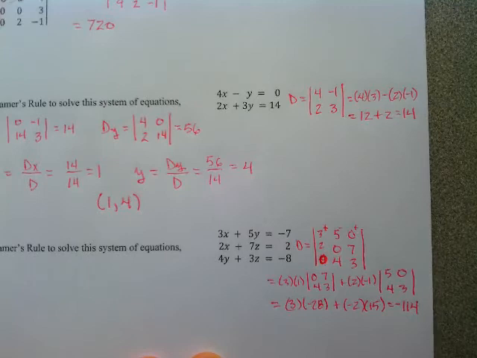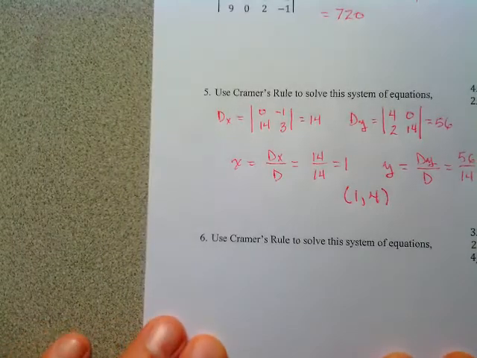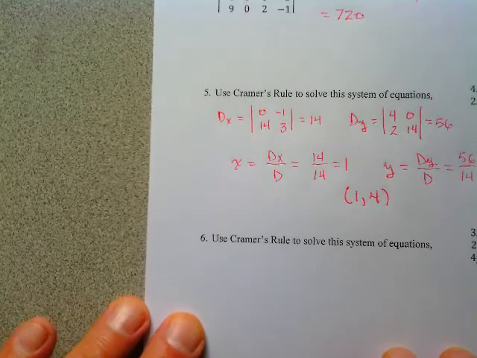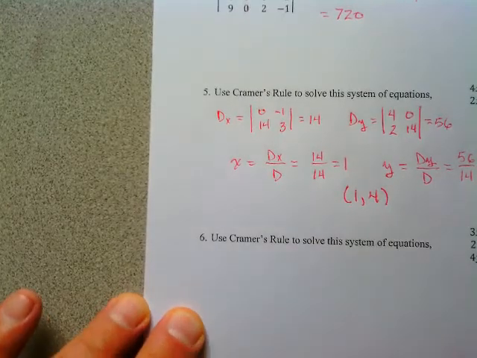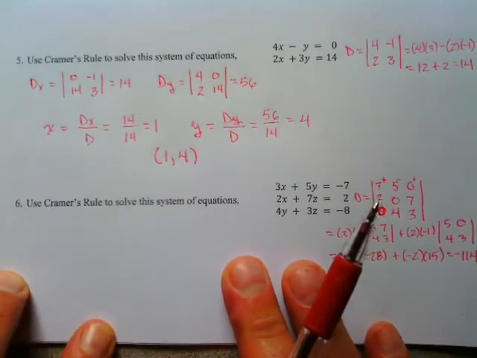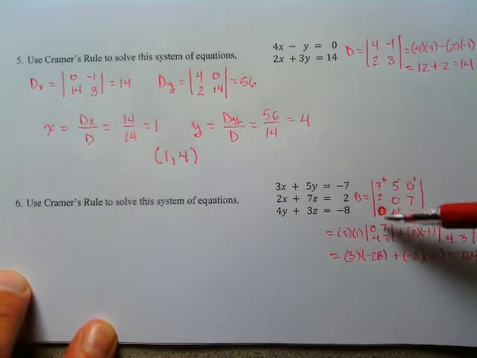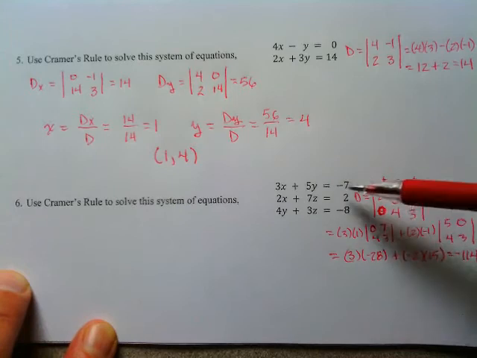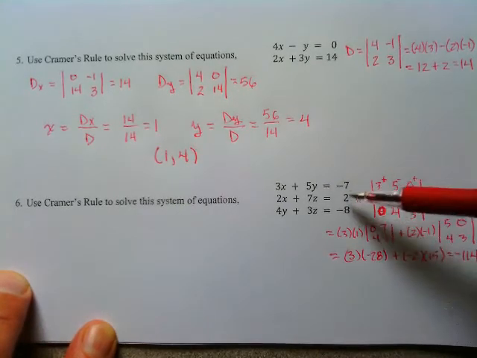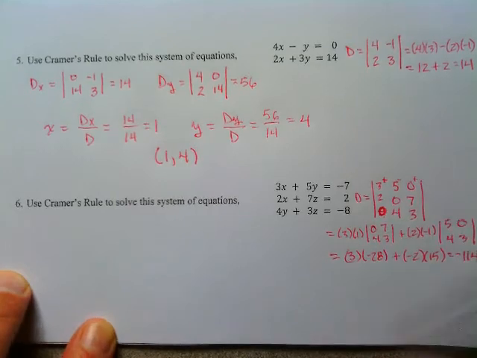All right, so let's go ahead and solve our dx, our dy, and our dz. And remember, we're going to be replacing first this column with negative 7, 2, negative 8, then this column for the y's with negative 7, 2, negative 8, and then the z's.